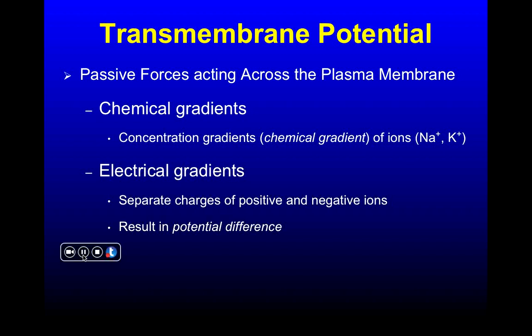There are lots of ions inside and outside of a cell. We're going to be dealing primarily with sodium, Na+, and potassium, K+. Chloride, Cl-, is also one that we might see here and there. But the two major ones are sodium, Na+, and potassium, K+.